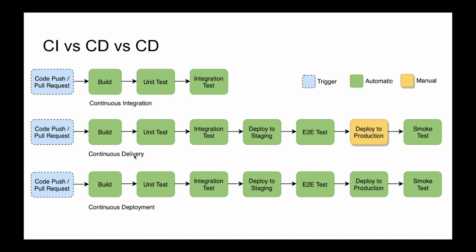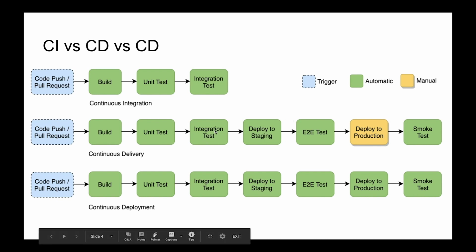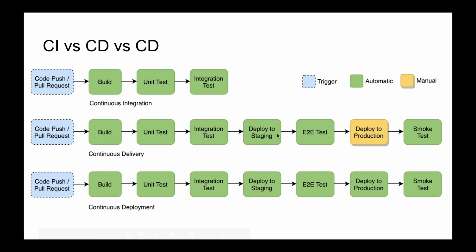But on the continuous delivery or deployment step, we have the next steps. We deploy to staging. It might be some environment, production or test environment, it is staging. And after that, we can run end-to-end tests.